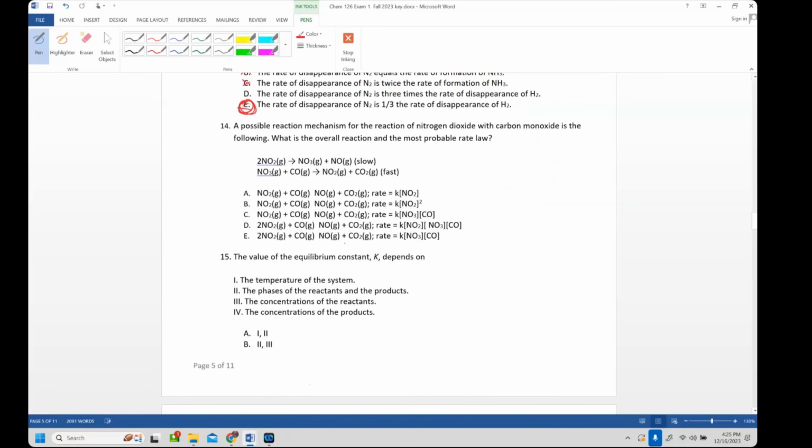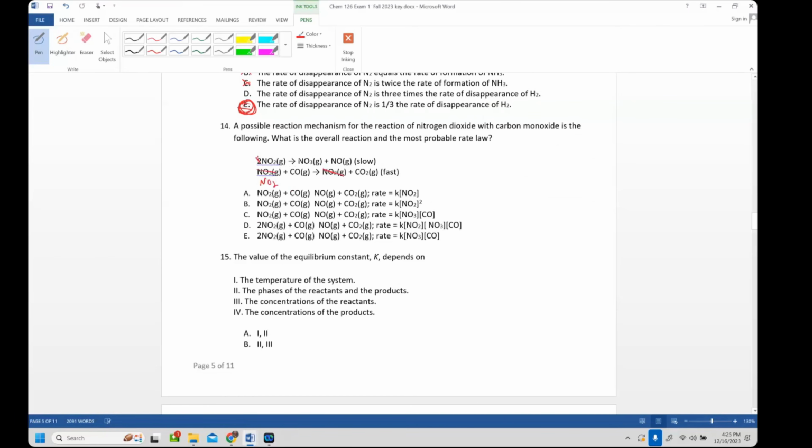All right, number 14. A possible reaction mechanism for the reaction of nitrogen dioxide with carbon monoxide is the following. What is the overall reaction and the most probable rate law? So for the overall reaction, we simply add these together. We have NO2. This NO2 would cancel out. This NO2, we would have just one NO2. Then for other reactants, we have NO3 on the left in equation 2.